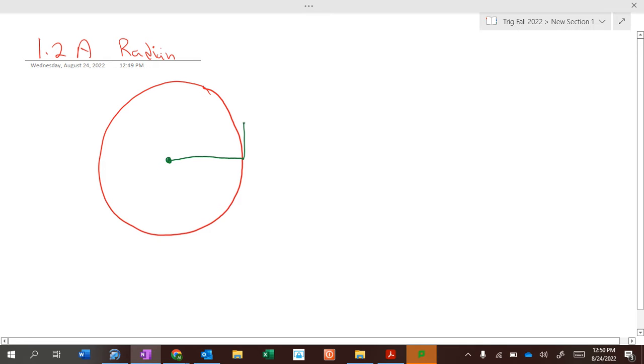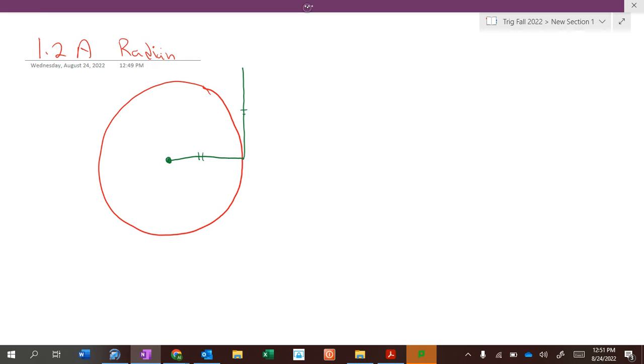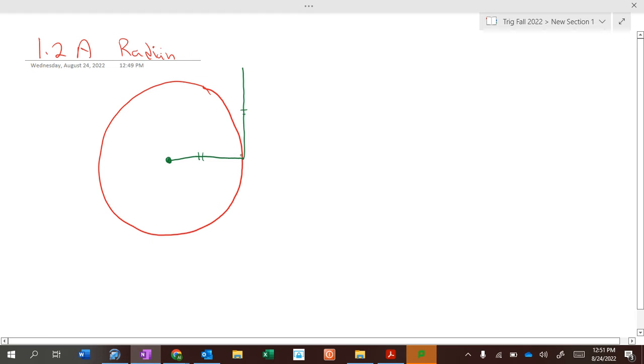So let's say the length of this is the same as the length of this, right? And then instead of having it go straight up, I wrap it around the edge of the circle. I take this and fold it over down to there. So it wraps along the edge of the circle.